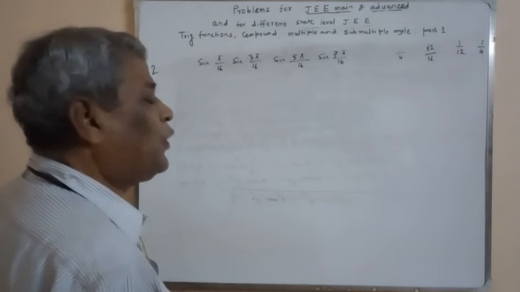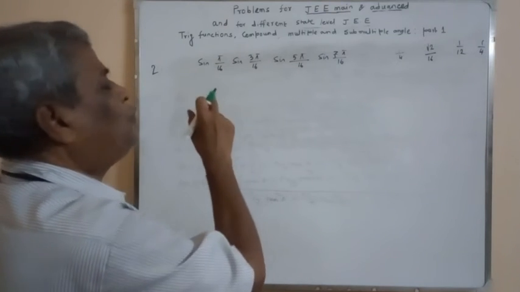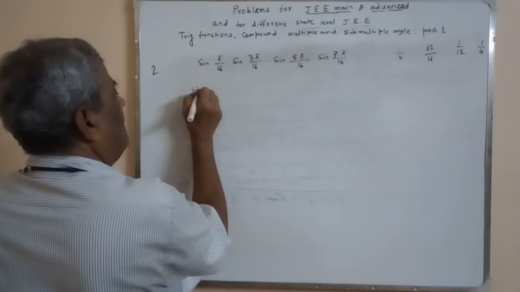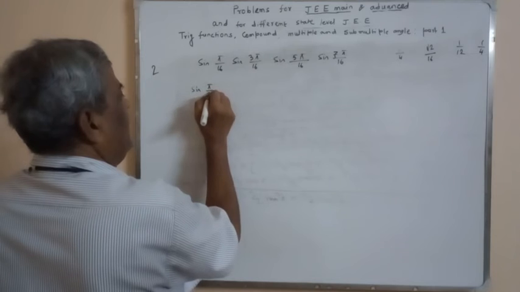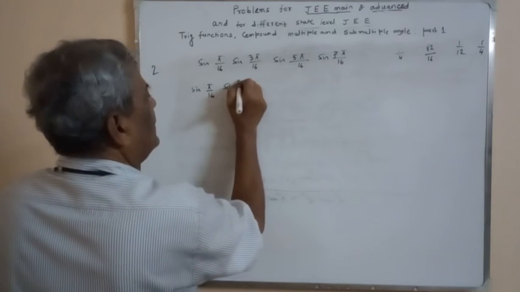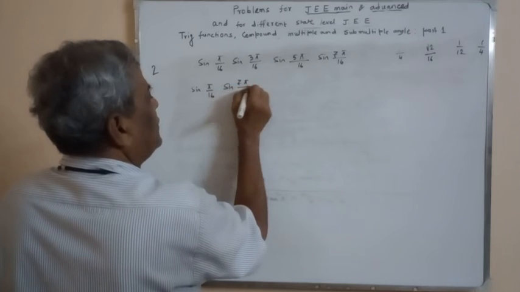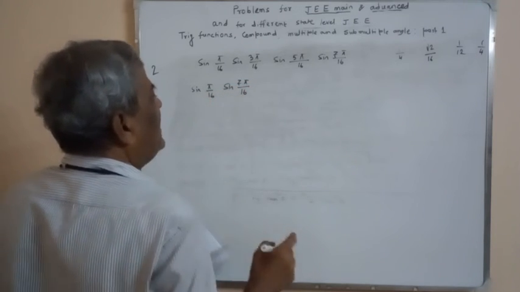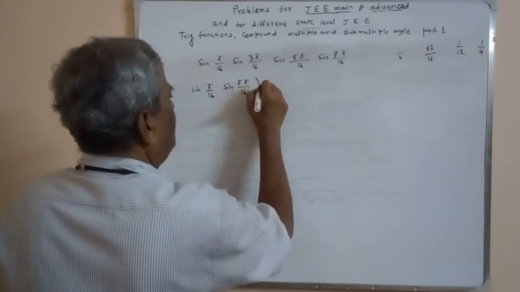Let us group into two factors. First one is sine pi by 16 with sine of 7 pi by 16; their sum is 8 pi by 16.